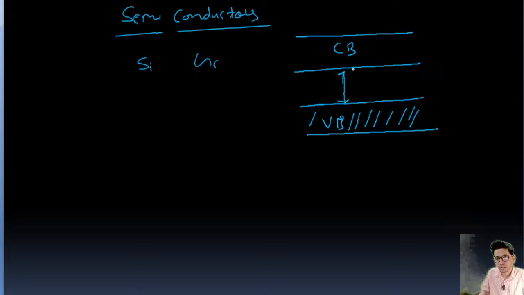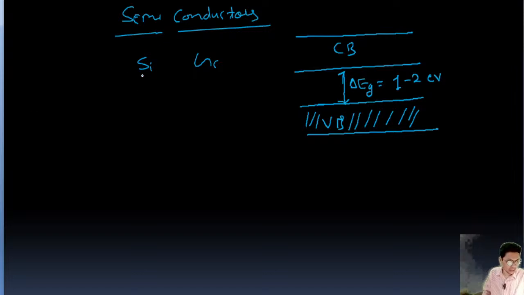In semiconductors, the band gap delta Eg between the conduction band and the valence band is 1 to 2 electron volt, so it's very small.